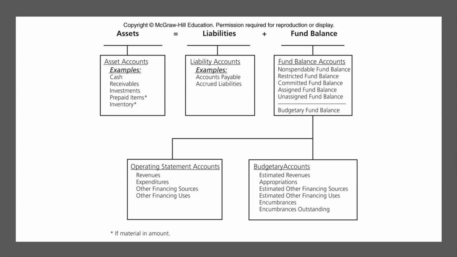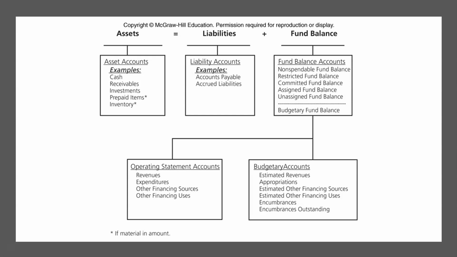Under the operating statement accounts, we're going to see our traditional revenues and, at the fund level for the governmental funds, expenditures. If we're dealing with non-governmental funds, or we're dealing at the government-wide level, rather than expenditures, we're going to see expenses. And I previously discussed the difference between an expenditure and an expense.